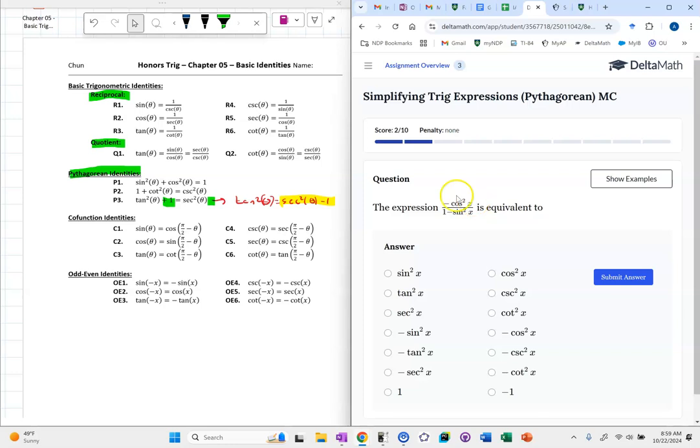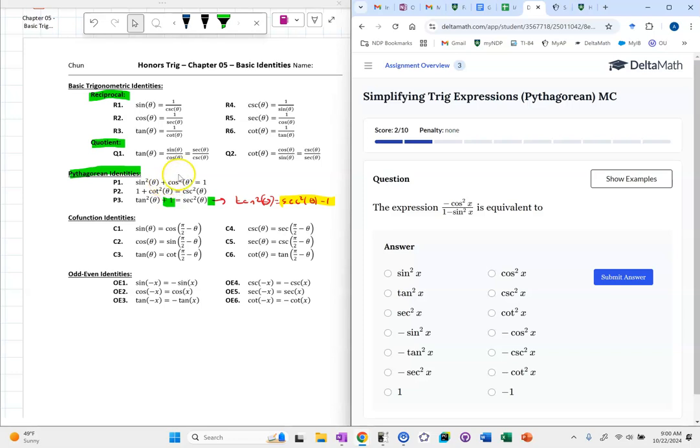Look at what I have here. I'm going to start with the bottom where I see two things added or subtracted. Again, I'm looking for those added and subtracted. This is typically the place I want to start first. And since I see sine squared, I'm going to be looking at P1, the Pythagoreans. I notice if I subtract sine squared from both sides, I'm left with cosine squared equals 1 minus sine squared.